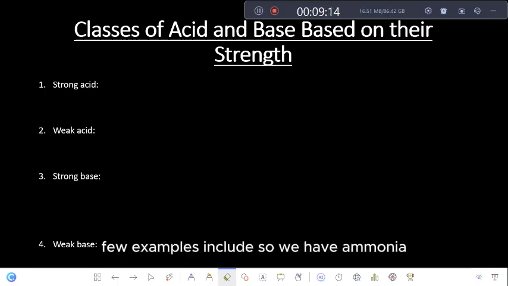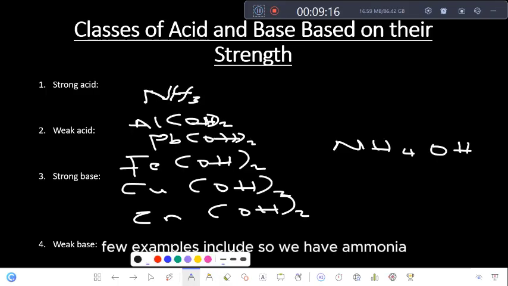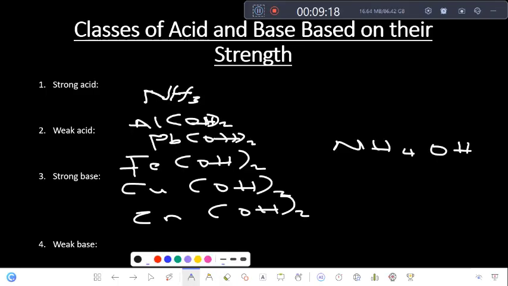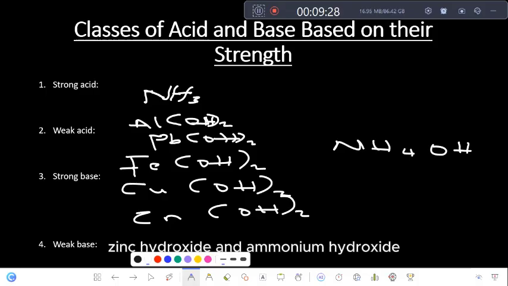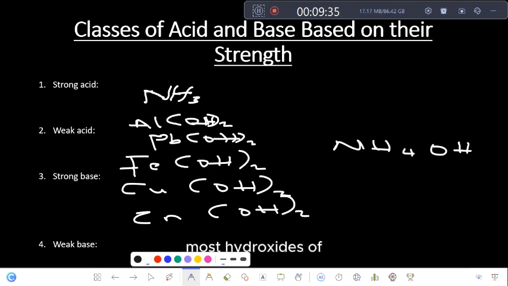Few examples include ammonia, aluminium hydroxide, lead hydroxide, iron(II) hydroxide, copper(II) hydroxide, zinc hydroxide, and ammonium hydroxide. A take-home from this is that most hydroxides of elements with higher oxidation numbers are mostly weak bases.